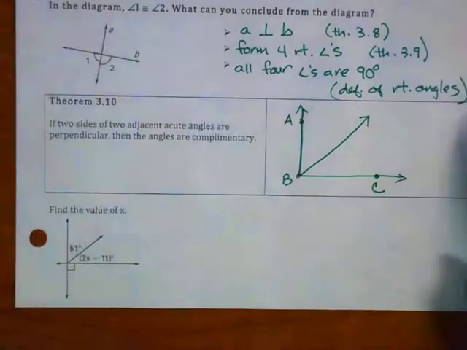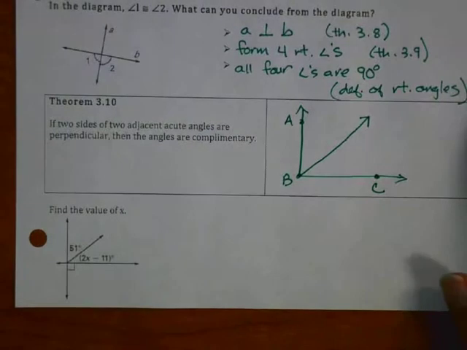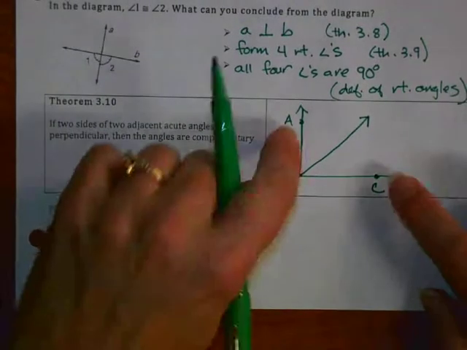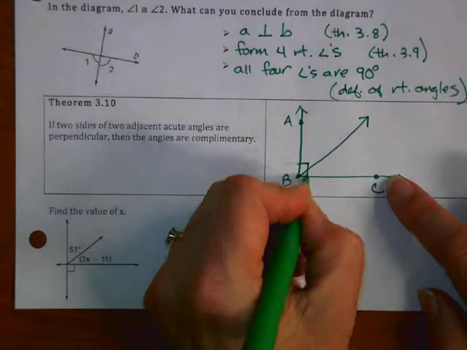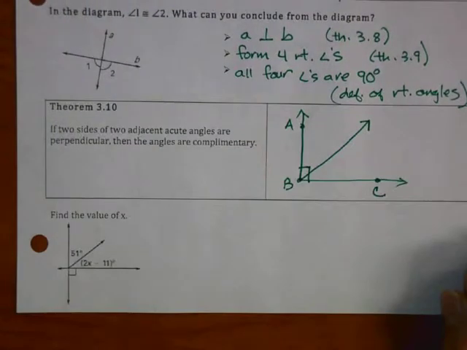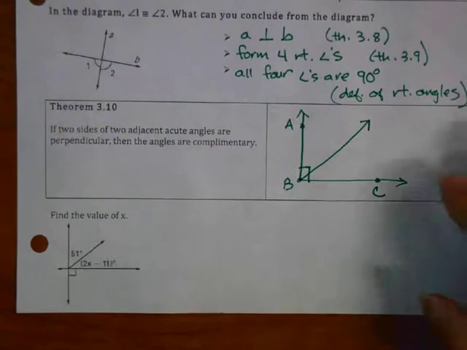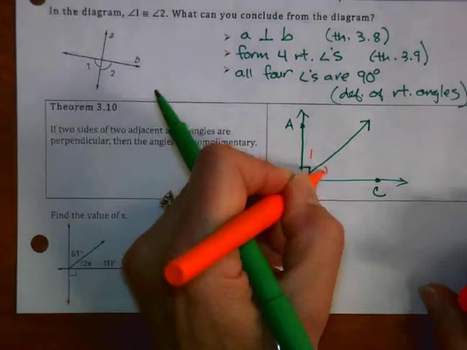Here's my two adjacent acute angles. And if these two sides are perpendicular, then we can say that the angles are complementary. So let's label this angle 1 and angle 2.